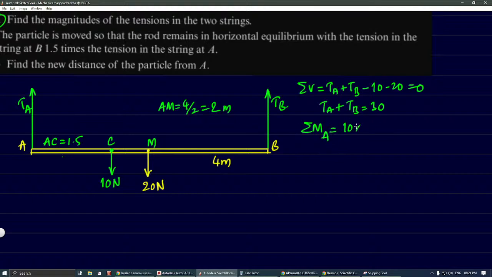So 10 times distance 1.5, this is clockwise, so minus. 20 times 2, again clockwise, and TB times 4, this is anti-clockwise. Total should be 0. So TB is 10 into 1.5 plus 20 times 2, which is 40, divided by 4.